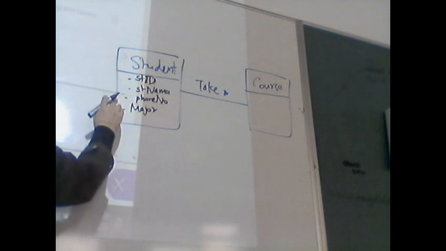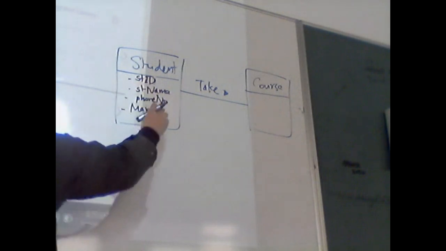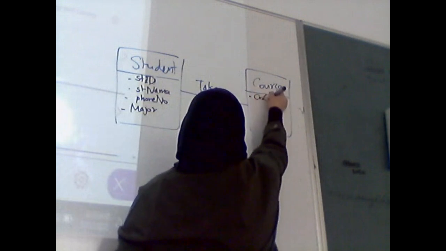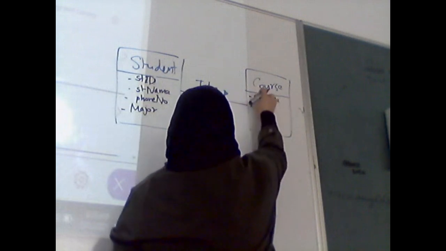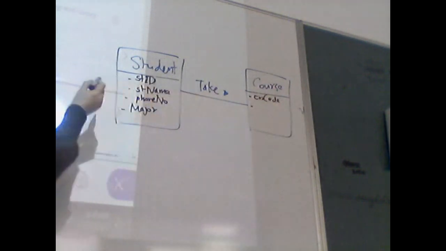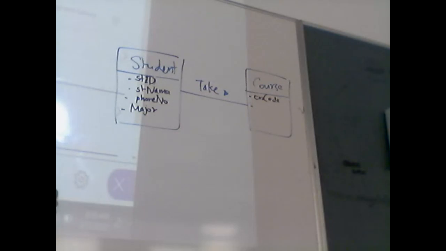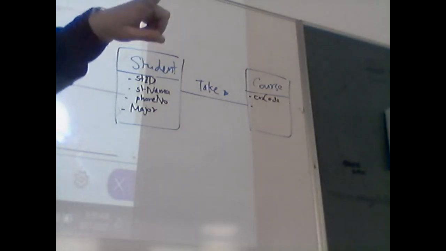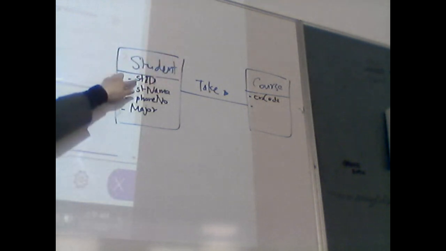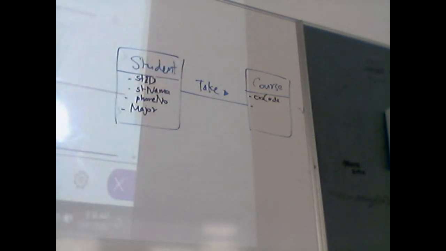There are so many properties for this. How about courses? Course code. Can you see how I typed it? If there are two words in one line, the second word will be capitalized. The first will be small, the second will be without a space, but capitalized. It's not only two words, it can be three words. But if it is an entity type, it must be capitalized.